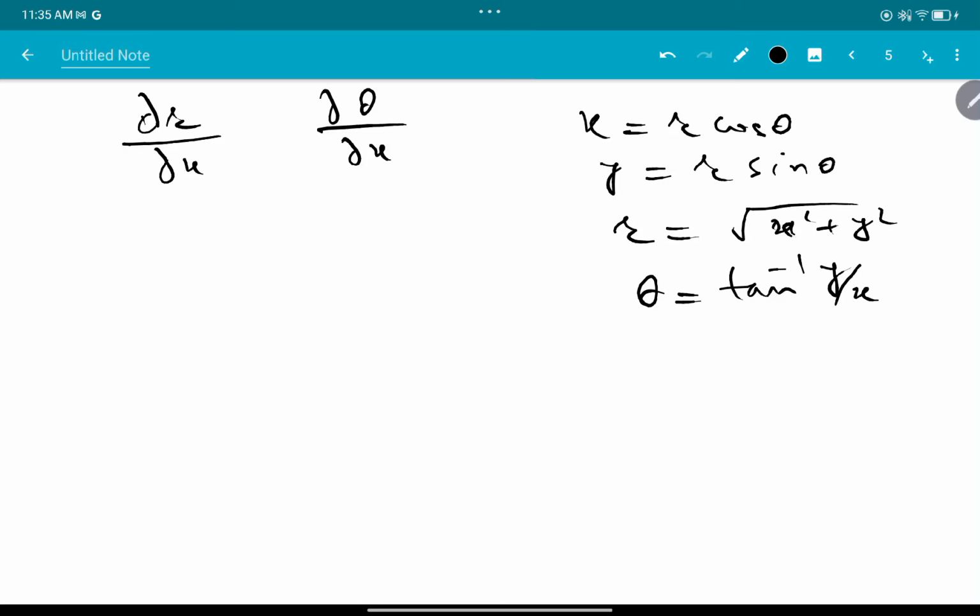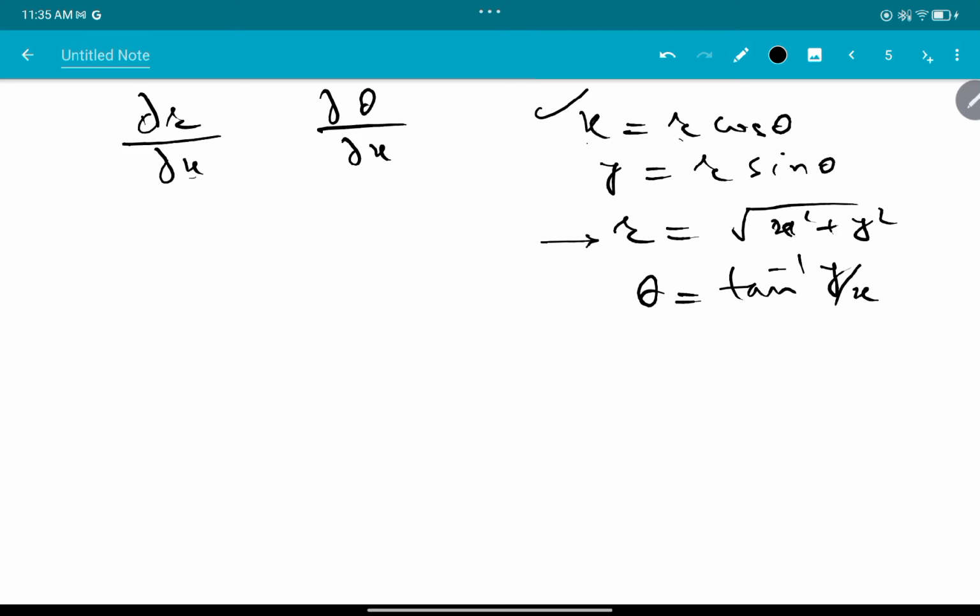If I go to this equation first, this equation will give me del x by del r, but I want del r by del x. That is here. One can also get del r by del x from this equation, but there is a complication.